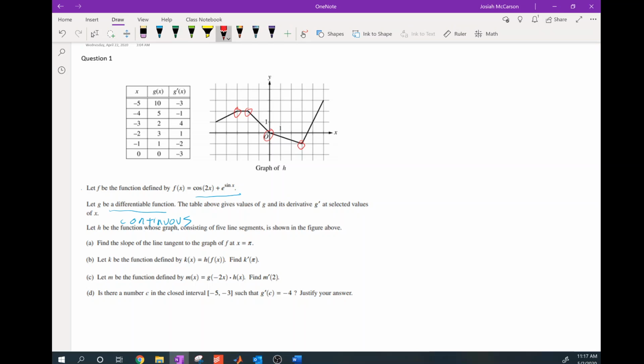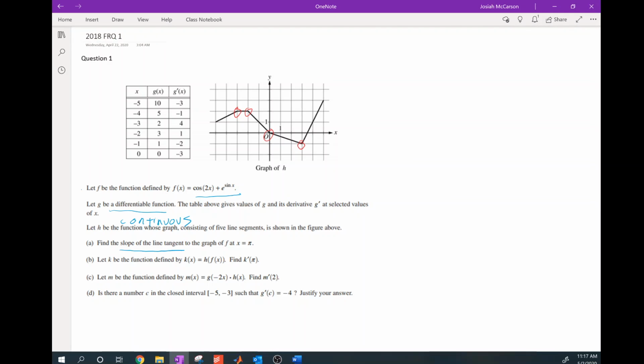So let's take a look at the questions that they give us. For question A, find the slope of the line tangent to the graph of f at x equals pi. The slope of the tangent line is just a fancy way of asking for the derivative. So I want f prime of pi. If f of x equals cosine 2x plus e to the sine x, we take the derivative. The derivative of cosine is negative sine, leave the insides alone, times the derivative of the insides.